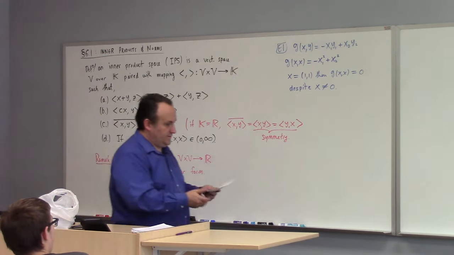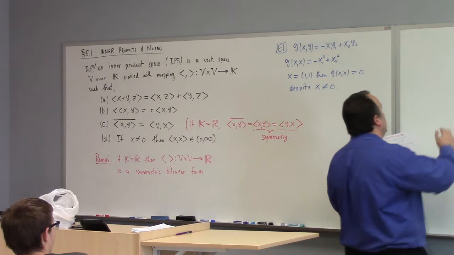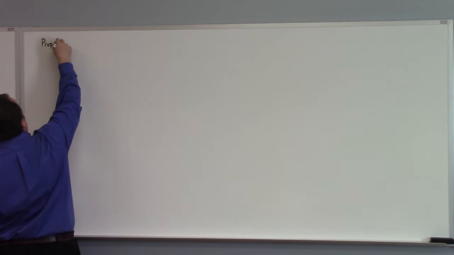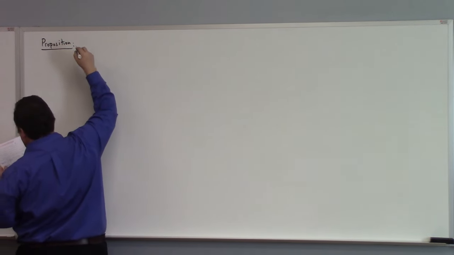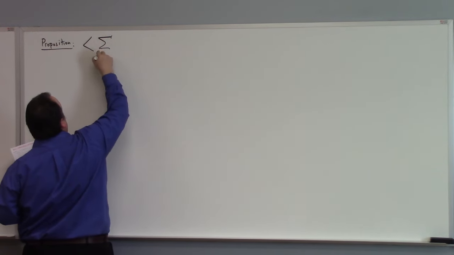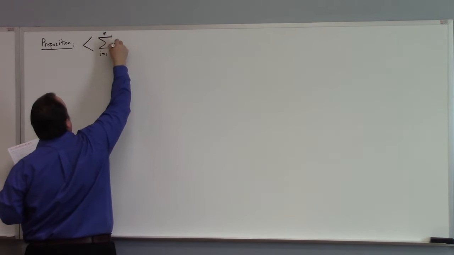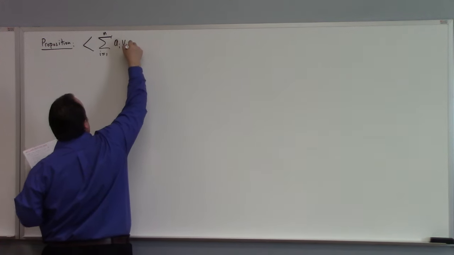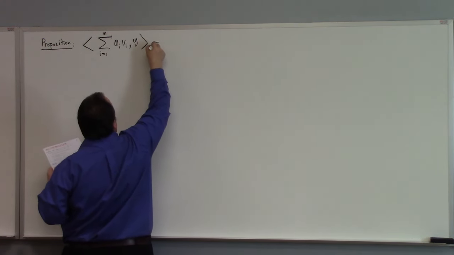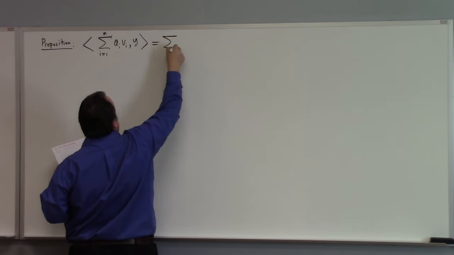One of the first things I should point out, proposition: if we were to take the inner product of a sum, i equals 1 to n, of a sub i, v sub i, with y, what can we do? Well, we can pull out the sum, all right?